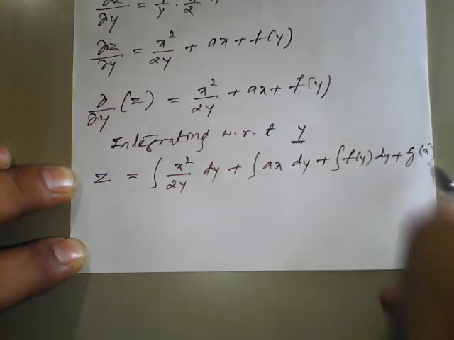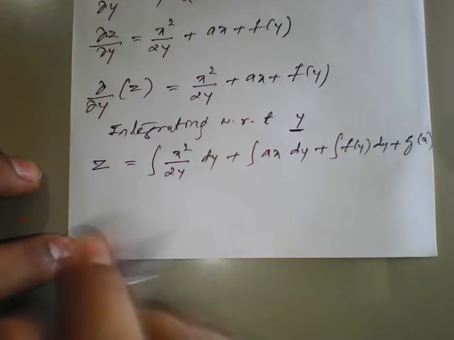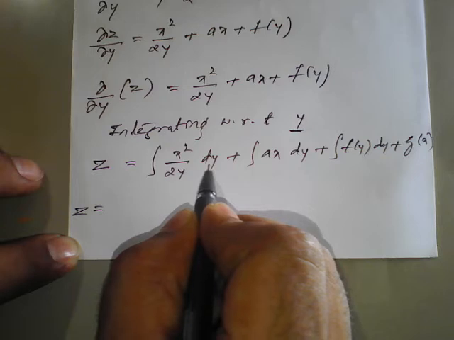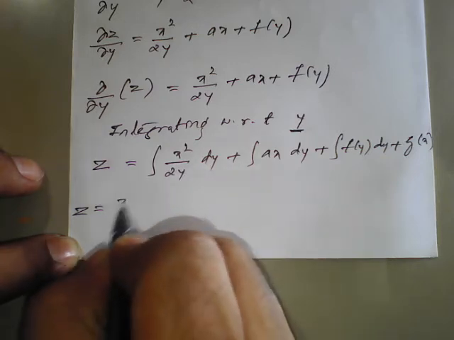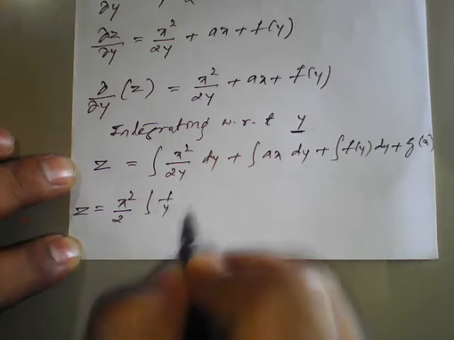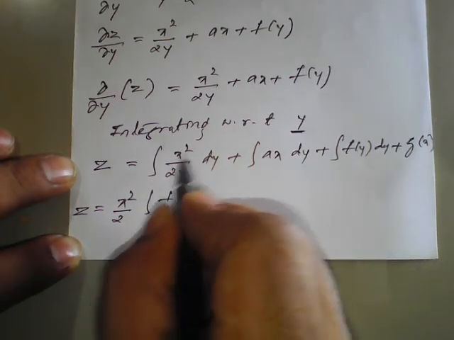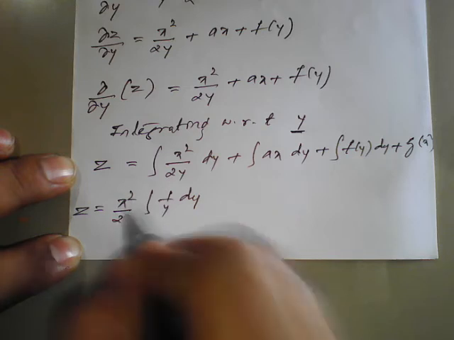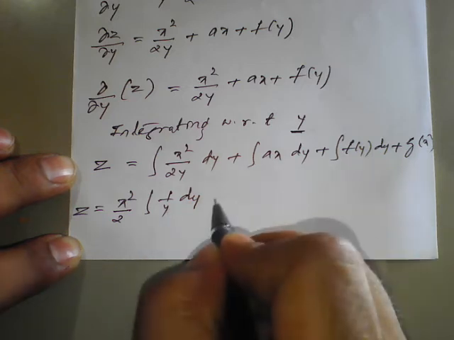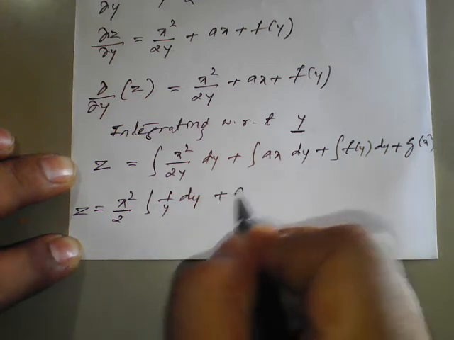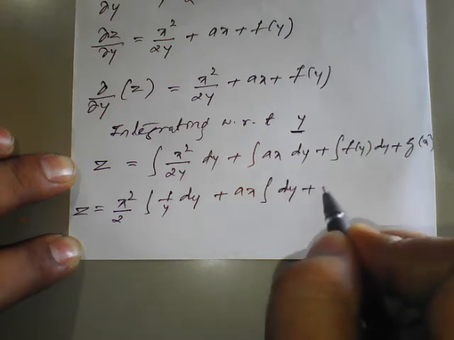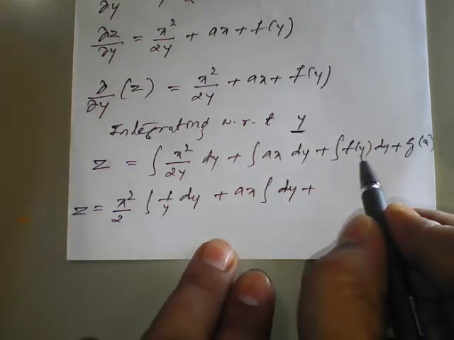So rearranging, z is equal to, here we are integrating with respect to y, so x square upon 2 is a constant, we keep it outside the integral, only 1 upon y we are going to integrate, plus ax is a constant, integration of only dy, plus integration of f of y dy.